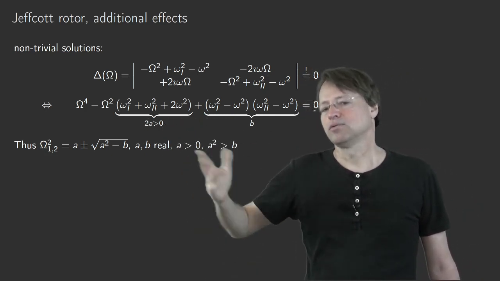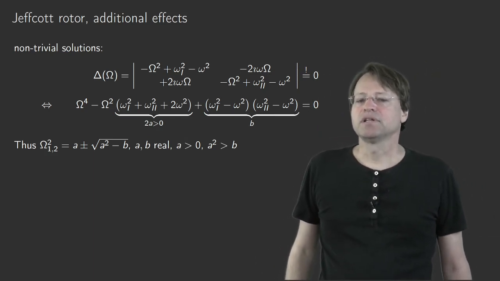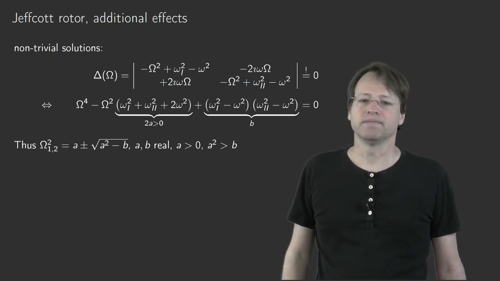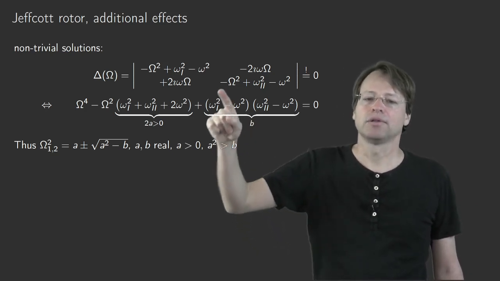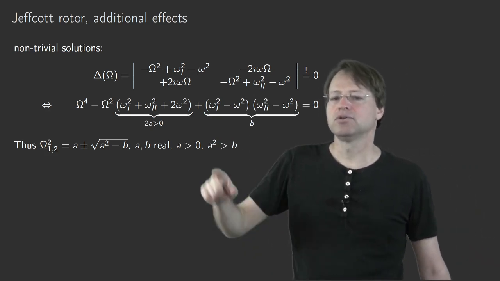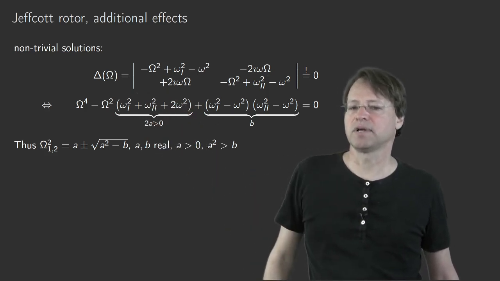a is larger than 0 because 2a is larger than 0, of course. And by doing the computations, you can show that a squared is larger than b. So you just multiply all the terms in b. You will find that there are some negative terms here. You take the square of half of that expression here, so the square of a.